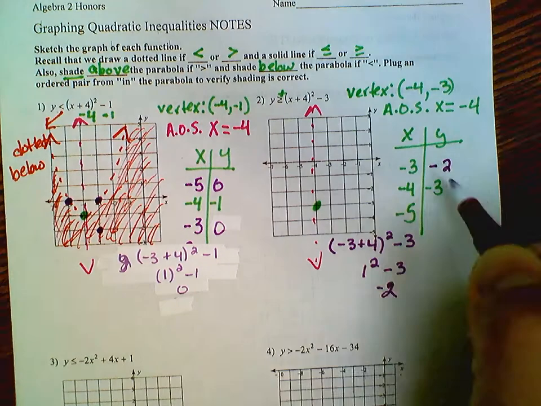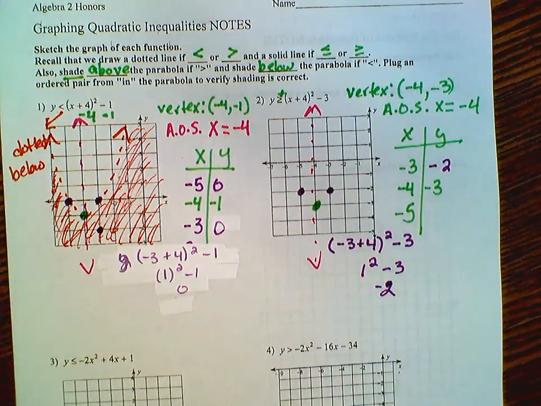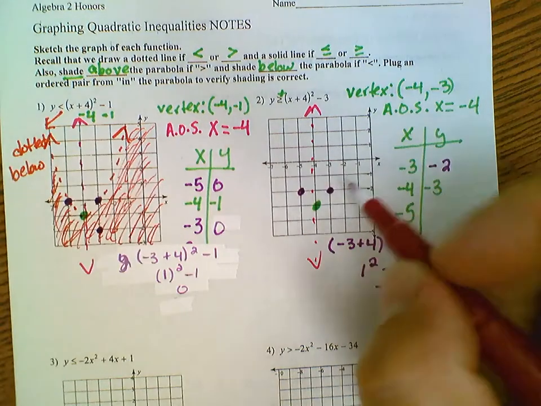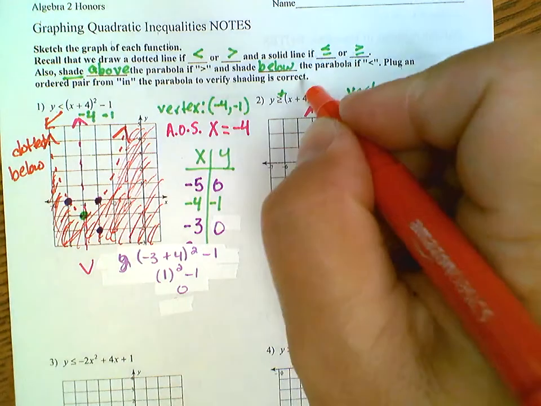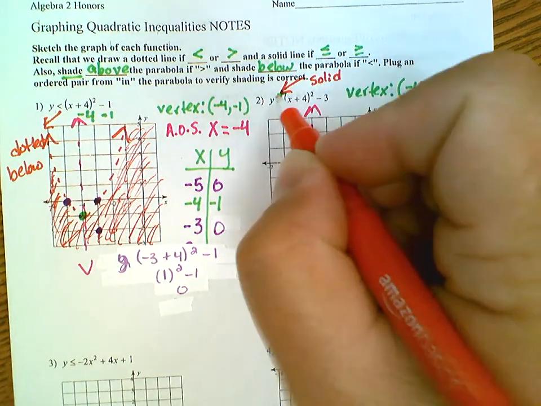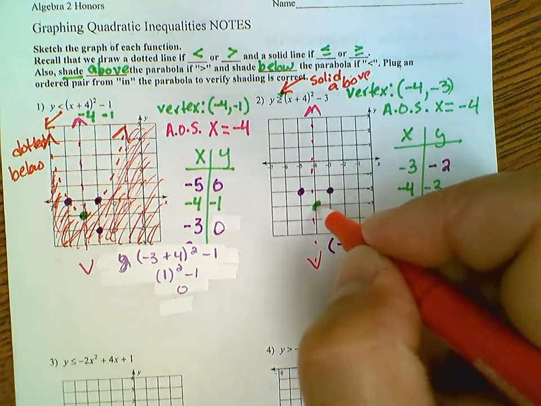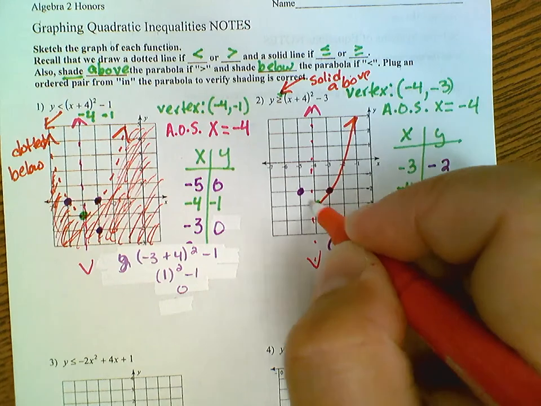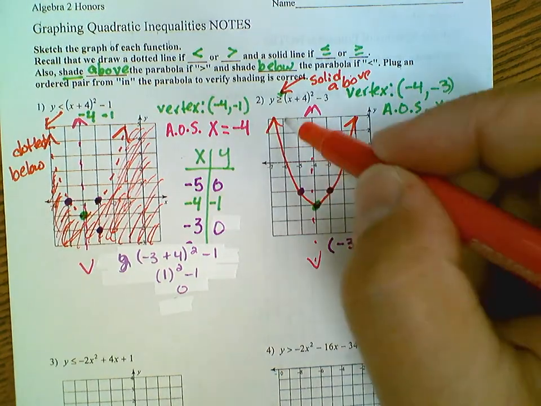All right, so -3, -2. I use my axis of symmetry to get another one. So this time, I have greater than or equal to, so that's a solid line, and greater than is above. So a solid line going this way, and above the line is up here.